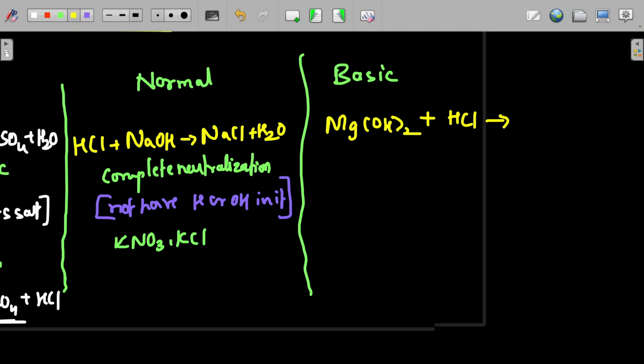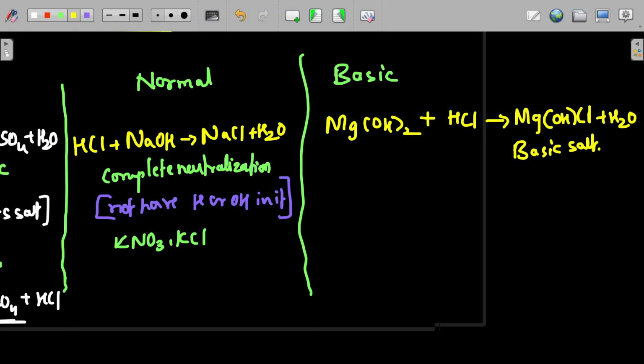We are doing partial neutralization here, not complete. So only one OH will go with H. Another OH will remain with Mg, and Cl will come with Mg, plus H2O. You can see this is a salt again, Mg(OH)Cl, but this is a basic salt.